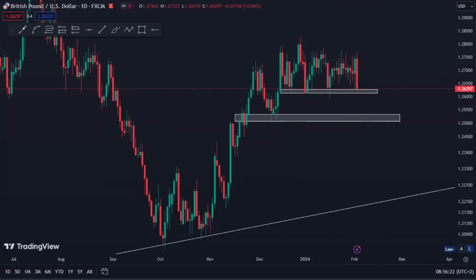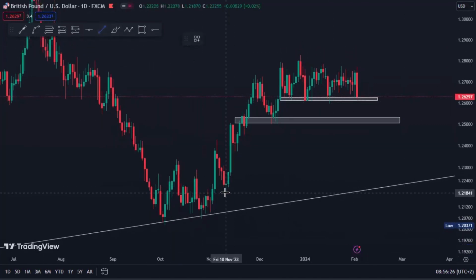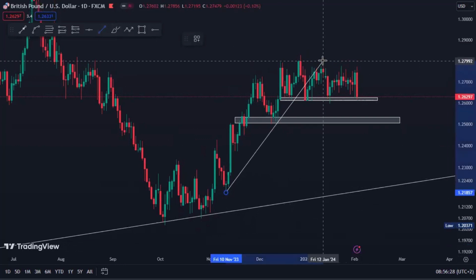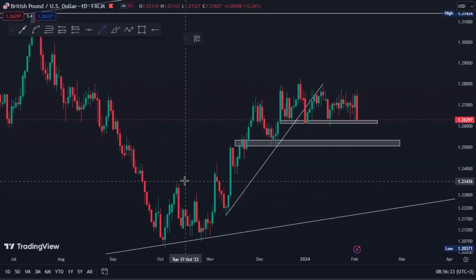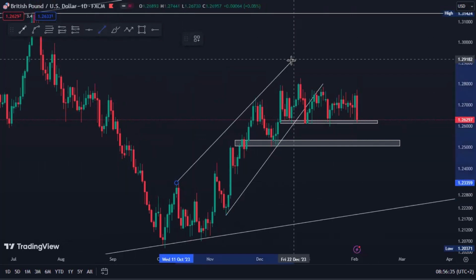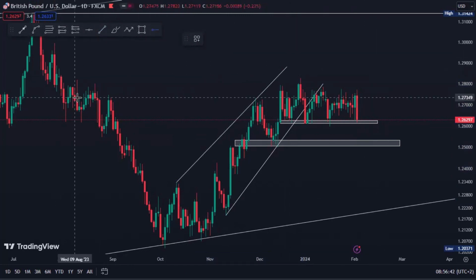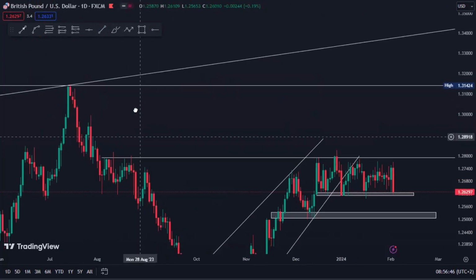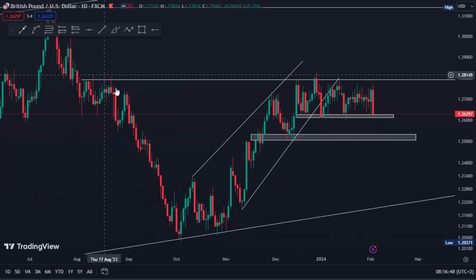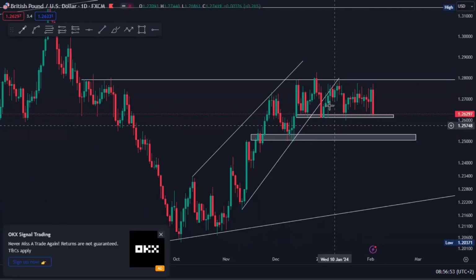All right. So I want us to see something here. We have this channel that was broken. Right. We have this channel that was broken. Also have this zone here, which is a 1, 2 zone, going with this zone, which is a strong zone. Right.